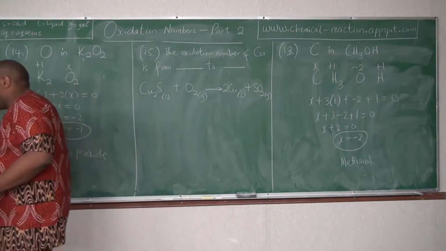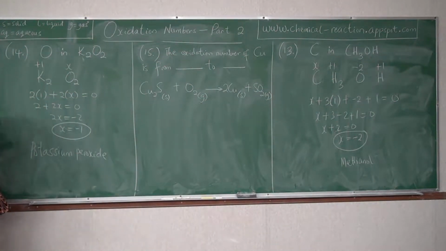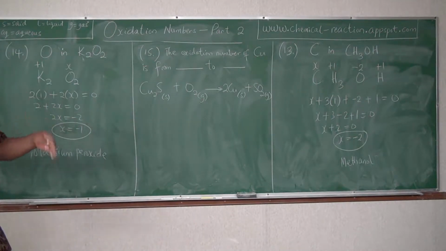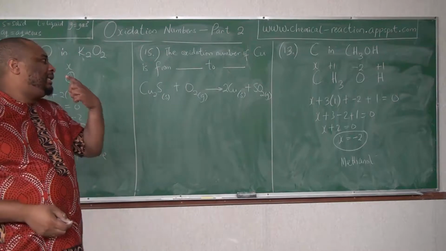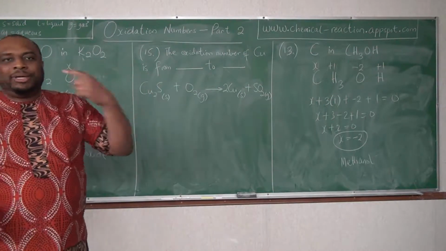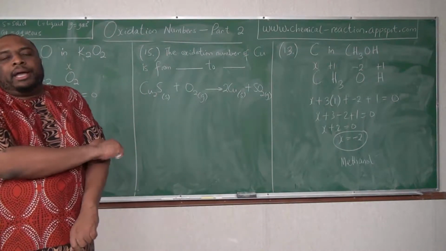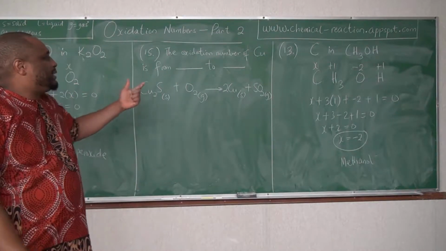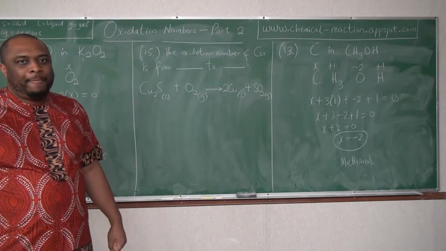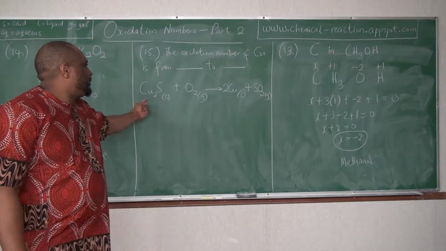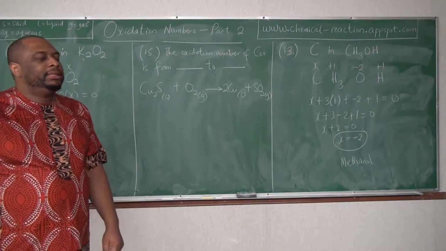I would like you to, by the time you solve more problems, easily look at a question and name it right away. Like I know this is copper 2 sulfide.